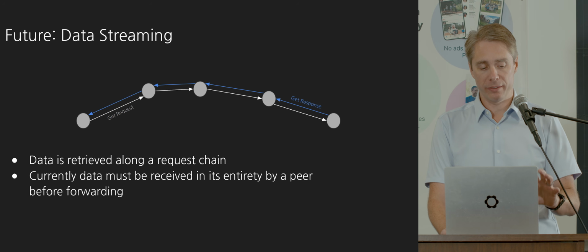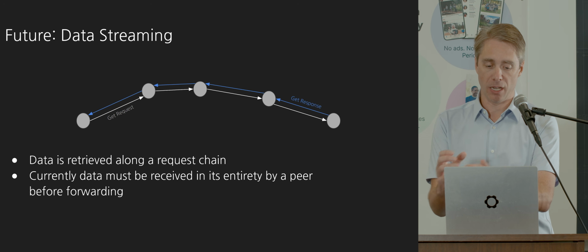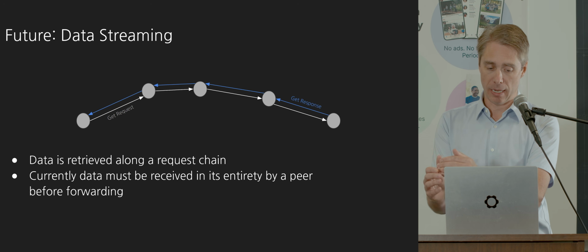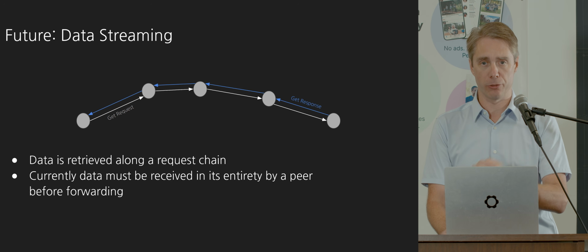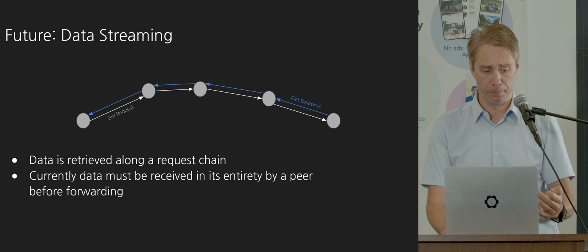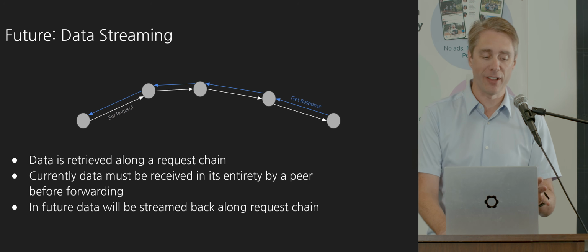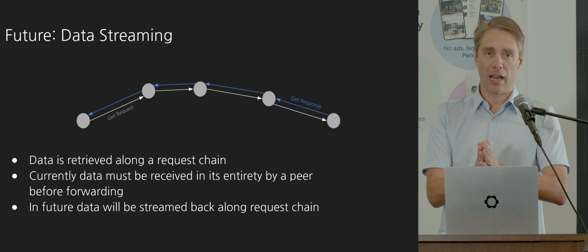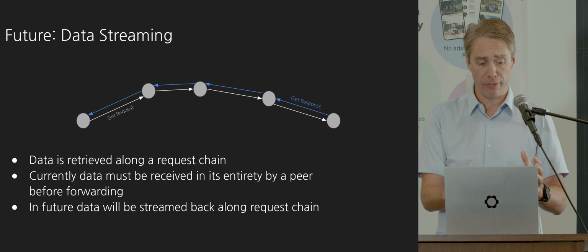But at the moment, the data must be sent in its entirety from one peer to the next before that peer will start to retransmit it to the next one. Now, this has the disadvantage that for larger data, it's going to be slower to retrieve.